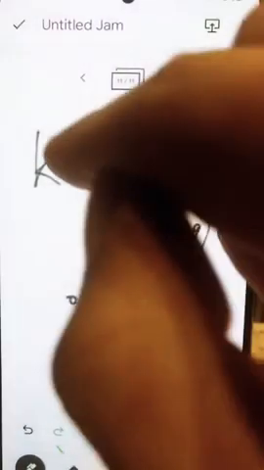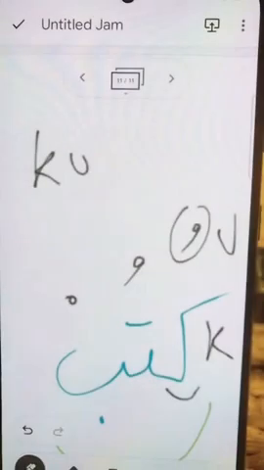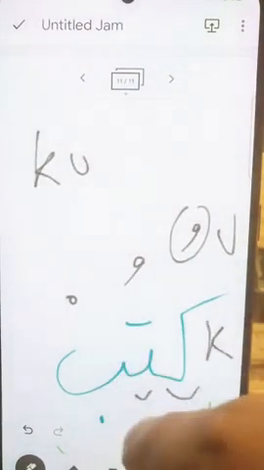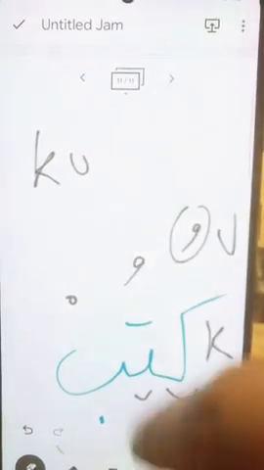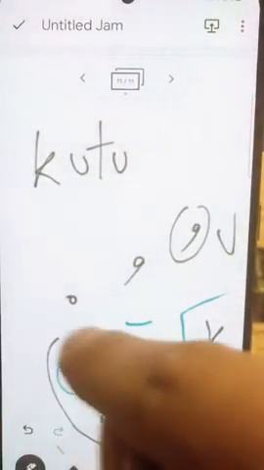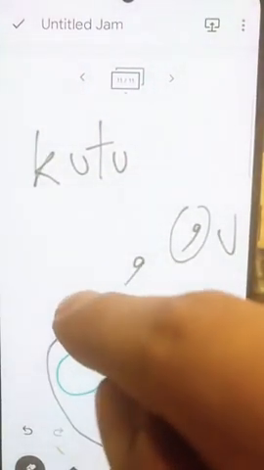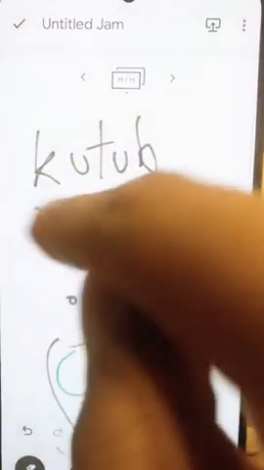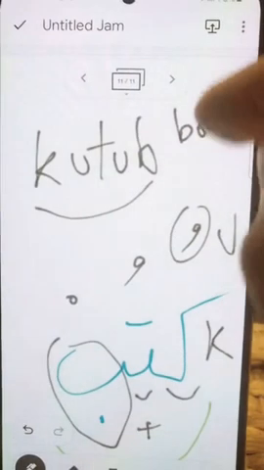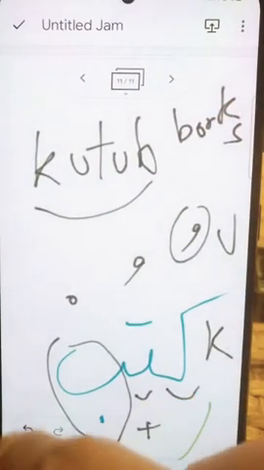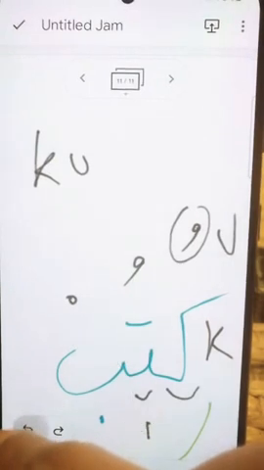So A, okay, correct. This is correct. Here. Which one is in the middle? Is it A, B, or C? Is it the A?